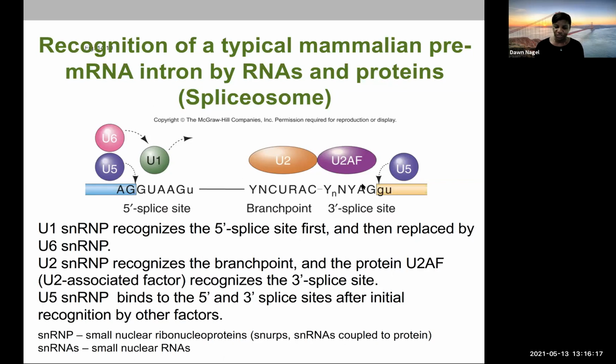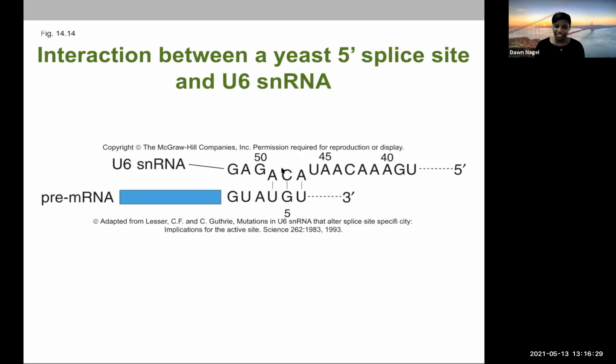Okay, so these proteins really recognize these sites. How do they do that? As I mentioned, these spliceosomal complexes have the proteins plus the RNA, right? And within that RNA, there are sequences that share symmetry to regions within that intron. So U6 comes in, there's that U6 spliceosomal complex, it has this small nuclear RNA in there, and that nuclear RNA can base pair with that intronic sequence, right upstream of that 5' splice site.